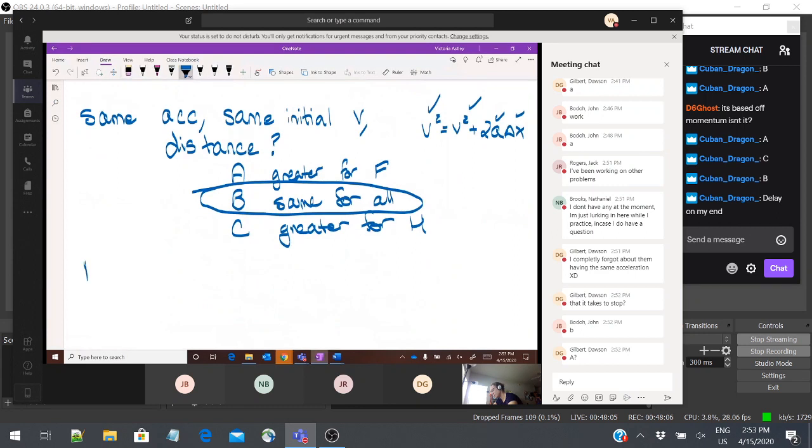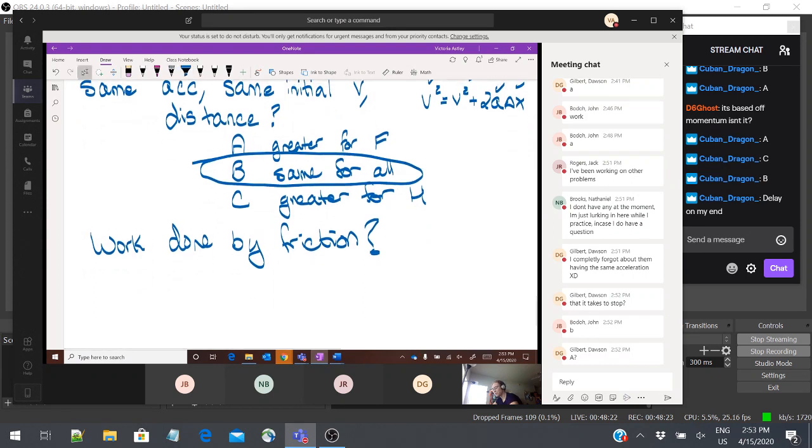So friction does the most work. Let's say work done by friction. How do we calculate the work done by friction? There's two ways. We can either do force times distance, or we can do change in kinetic energy. Both of these should give you the same answer.